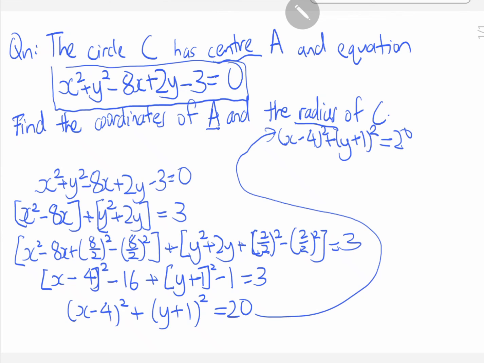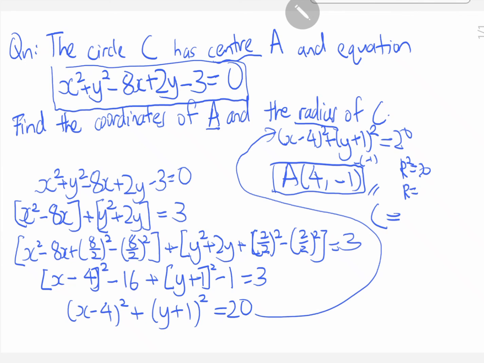So now we have our form here. The center has x-coordinate 4, and here it is plus 1, so the y-coordinate is minus 1. So the center is (4, minus 1). Now for the radius, r squared equals 20, therefore r equals the square root of 20.